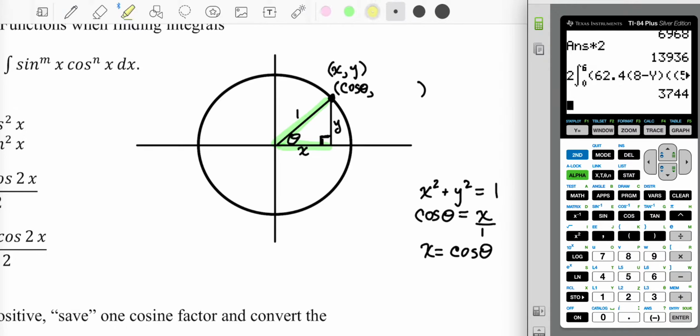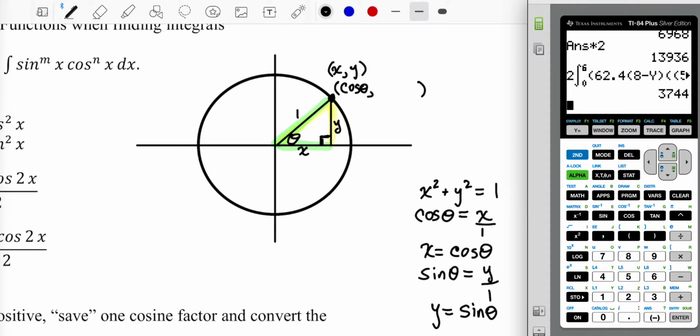Now, we could also do the same thing with the sine ratio. Sine is opposite over hypotenuse, so sine of theta is equal to y over 1. Opposite y, hypotenuse 1. So therefore, y is equal to the sine of theta.